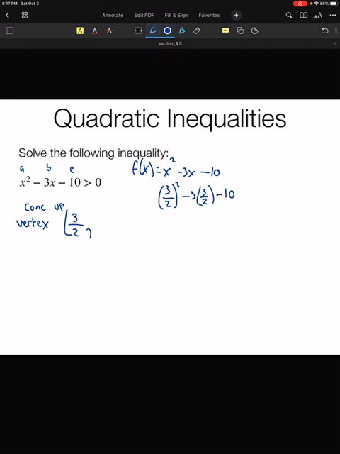So 3/2 squared is 9/4 minus 9/2 minus 10. We can rewrite that as 9/4 minus 18/4 minus 40/4, and so we get negative 49 over 4. And so the vertex is there, 3/2 and negative 49/4.